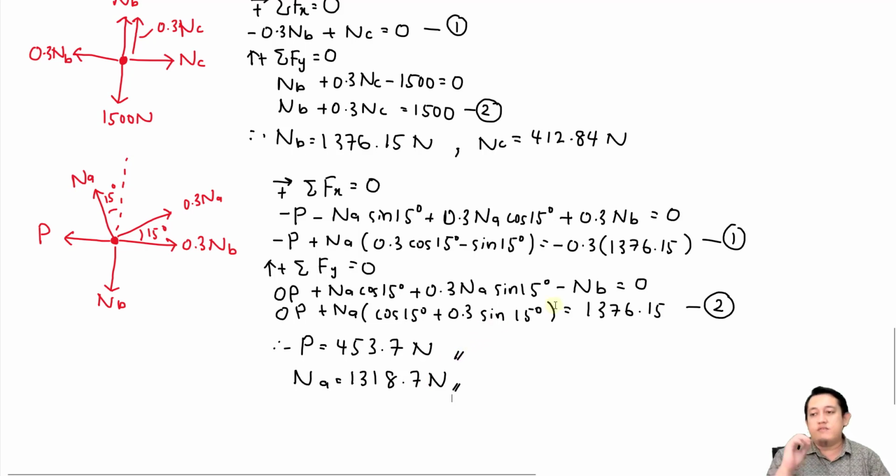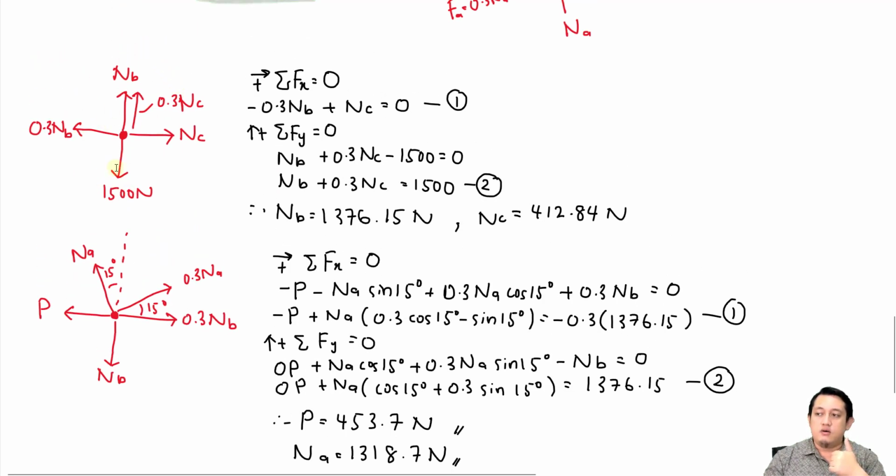When we have this kind of question, please make sure that you draw the correct free body diagram, and also redraw all the forces from the free body diagram like this, so that we can look carefully at the direction of the forces and create a proper, correct equation.